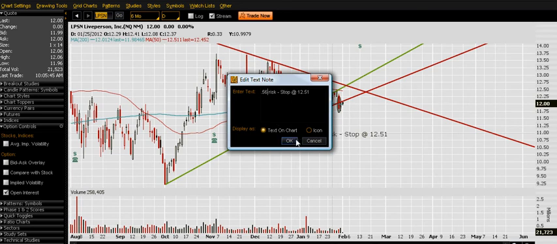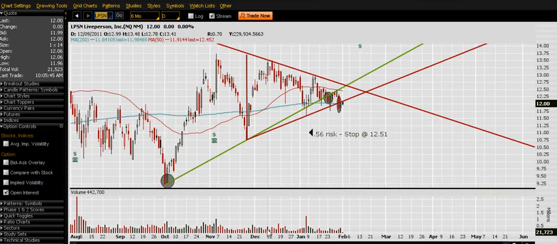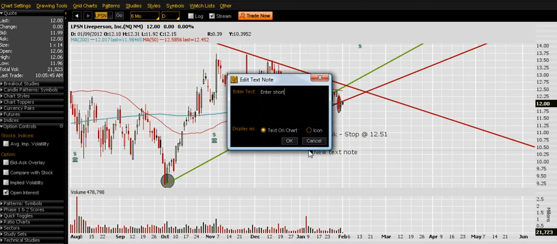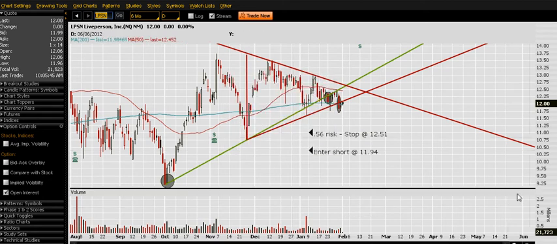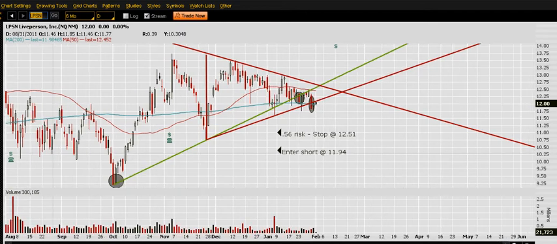And we expect this to go down all the way to this previous low at, where is it, $9.25. So if we enter at $11.94, and I mean short, $11.94 minus $9.25, let's see, I can bring up a calculator for this.